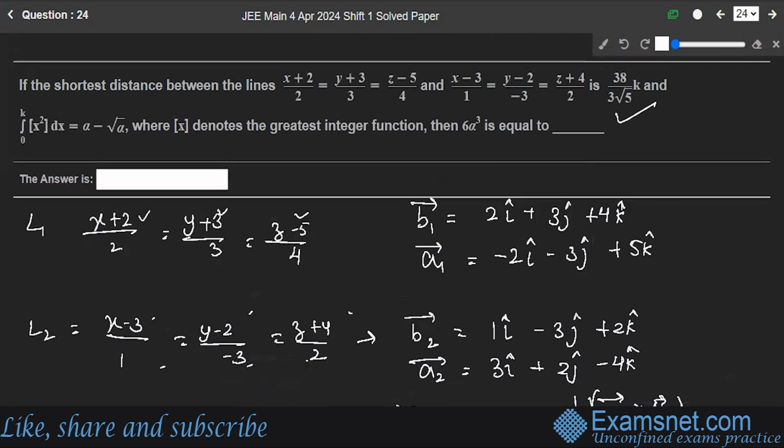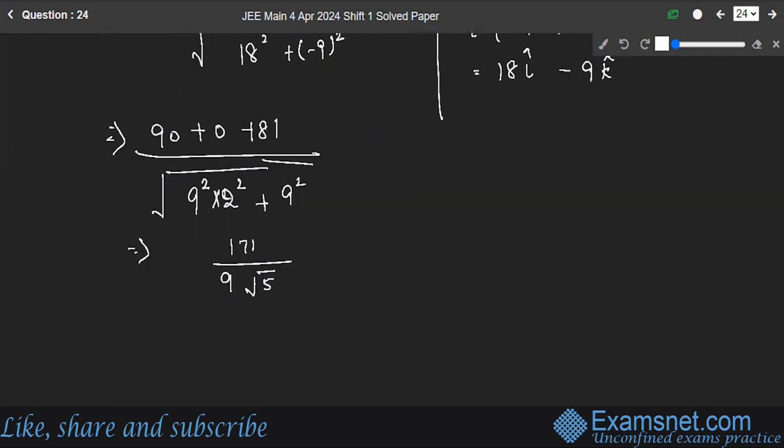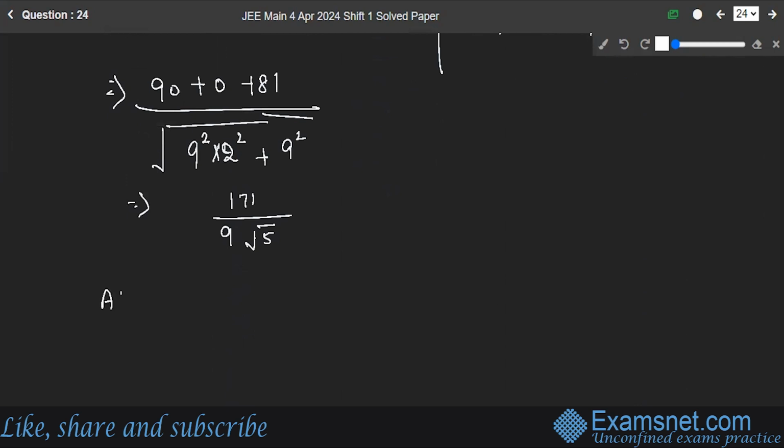Now in the question, it is given that the distance is equal to 38 upon 3 root 5 k. So according to the question, 38 upon 3 root 5 k is equal to this. Correct?